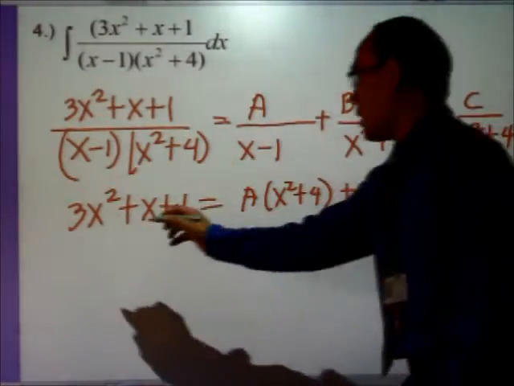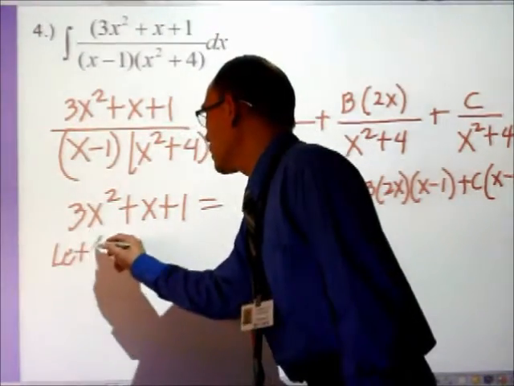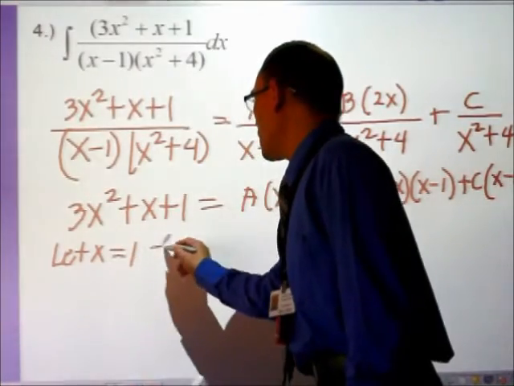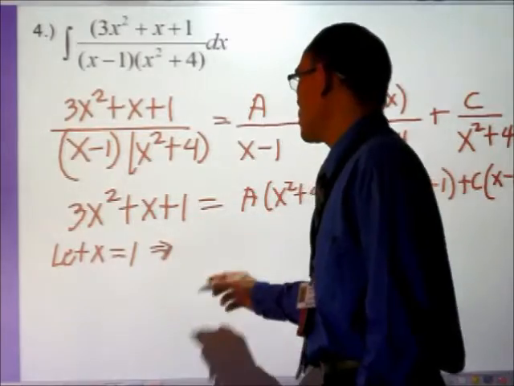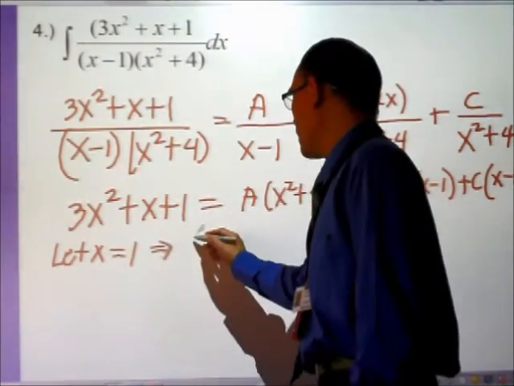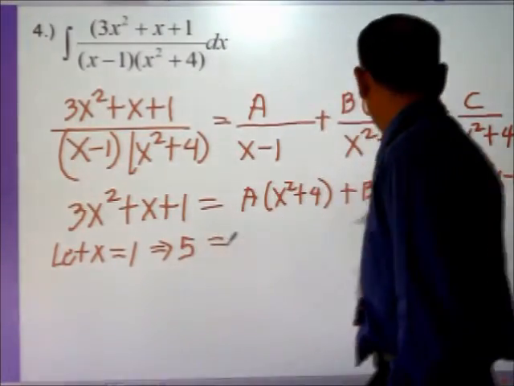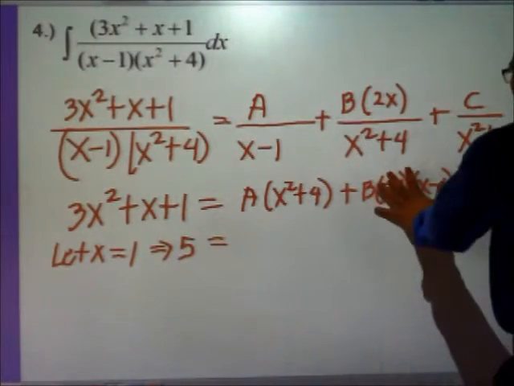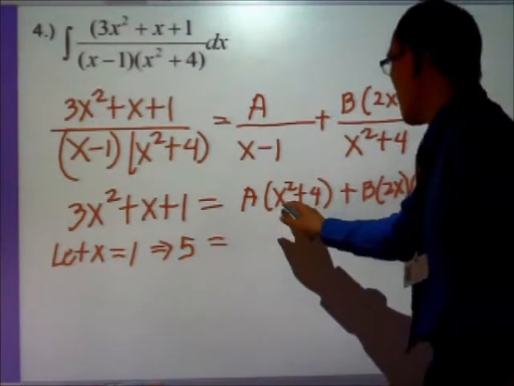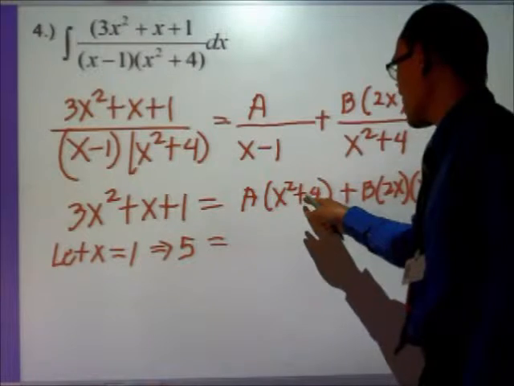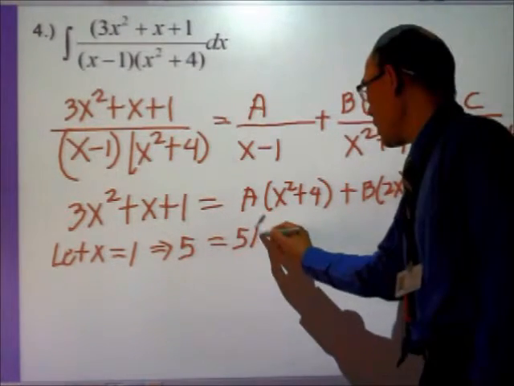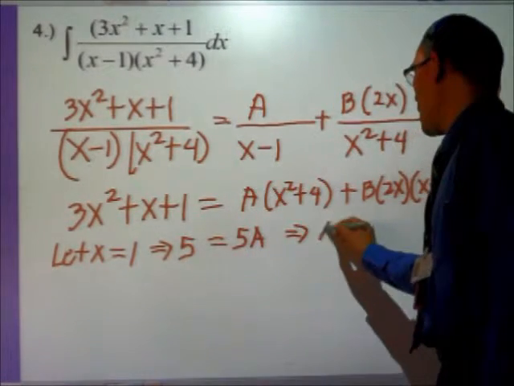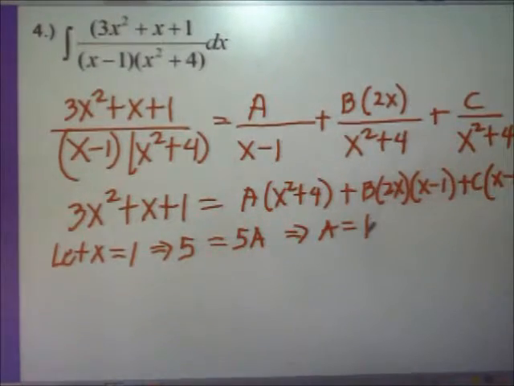If I let x equals 1, that means this is 1, 1, 1, this becomes a 5. This becomes 0, this becomes 0. So I have here 1 squared plus 4 is 5, so that is 5a. That means that a equals 1. What other values can I use?